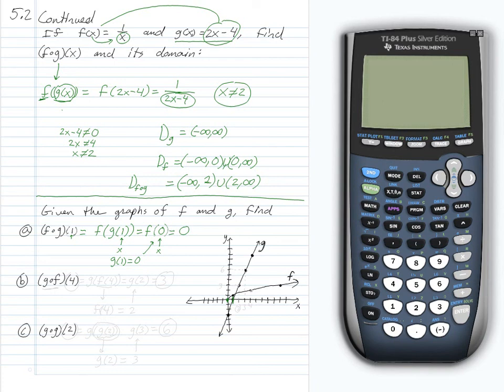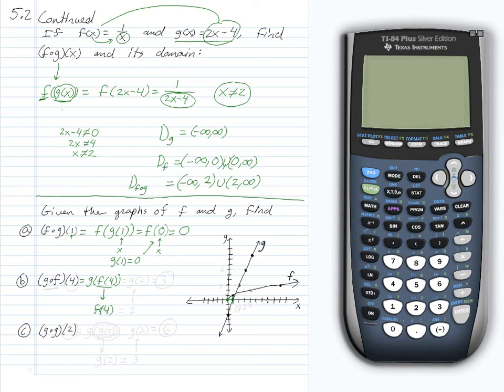In similar fashion, we can evaluate g of f of 4. Let's see how that goes. So g of f of 4, we'll take f of 4 off to the side, and think about our graph. Now we're looking at the f curve.